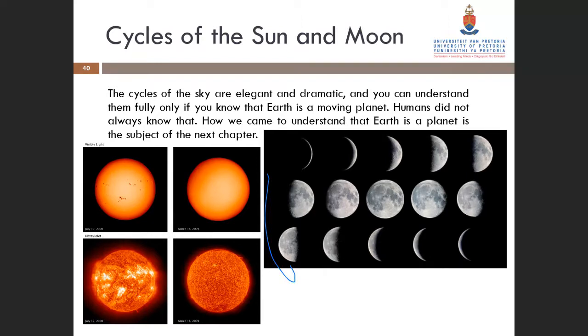So here we can see images of the sun and the phases of the moon. Question for you: in the image of the sun, the top left corner, what are those spots on the sun? Yes, and who can tell me what a sunspot is?